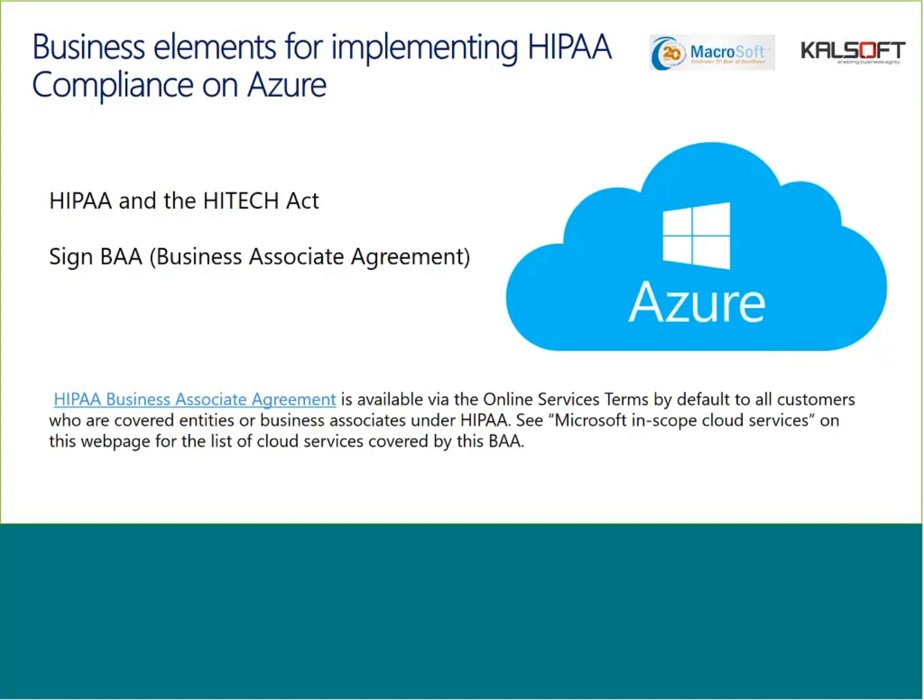But usually from a business perspective, a lot of companies have this question: how is HIPAA managed by a cloud provider? So in the case of Azure, you can sign a BAA, which is a Business Associate Agreement, directly with Microsoft, or you can use a partner like us to have it signed.